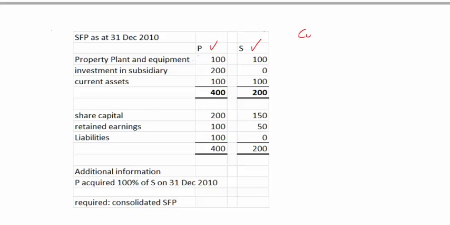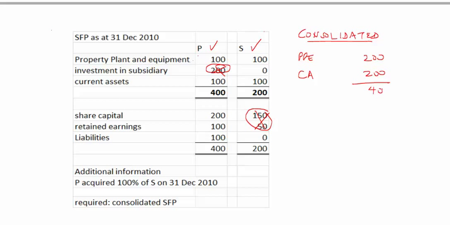What this means is that my consolidated books will have, if I may just use this space, for PPE you do simple addition, you get PPE is 200. Investment in subsidiary cancels out with the equity of the subsidiary, so this will not appear, but neither will the equity of the subsidiary, so nothing there. Then we have current assets, simple addition, 100 plus 100 gives you 200, so you get 400.